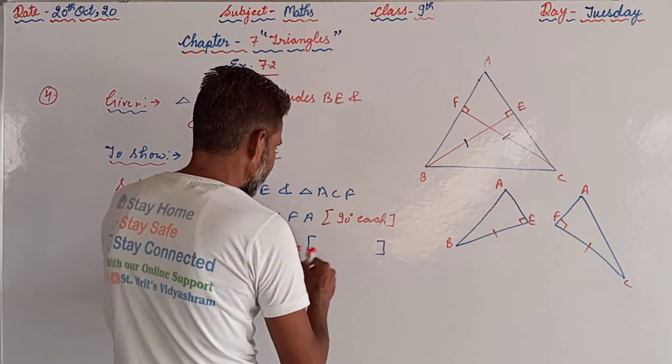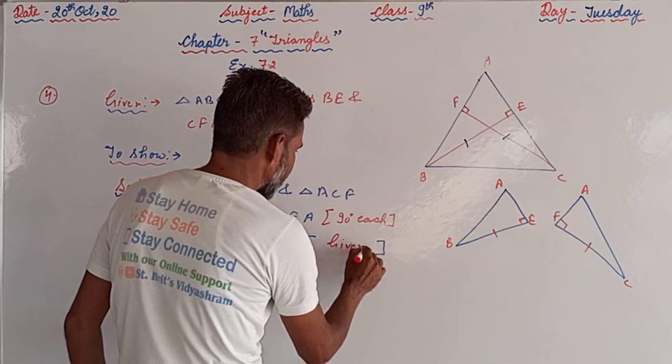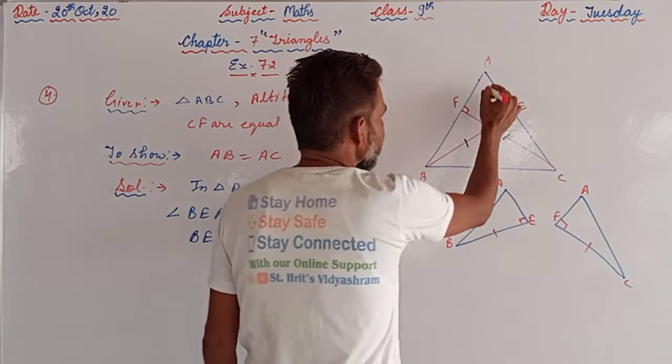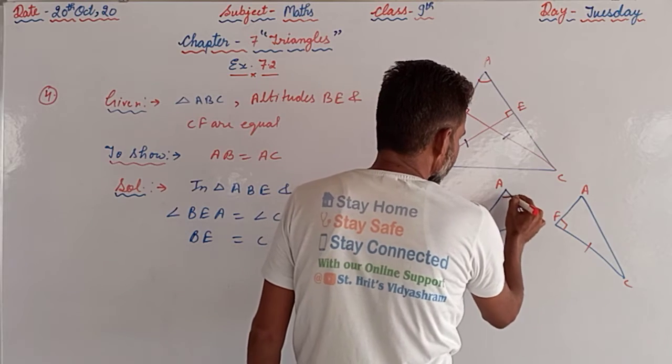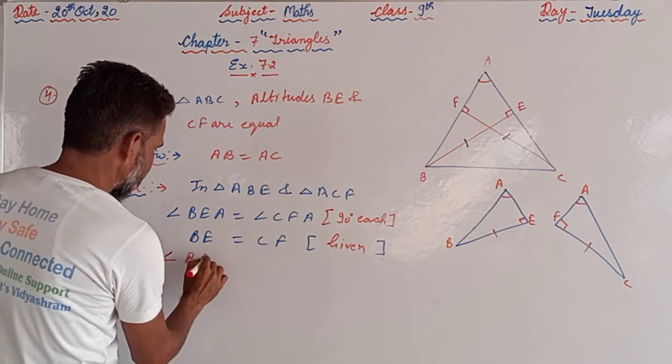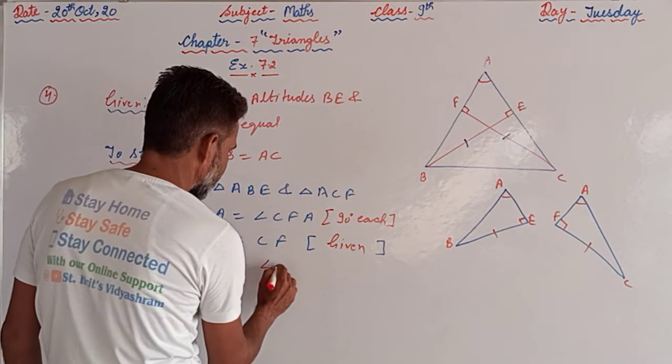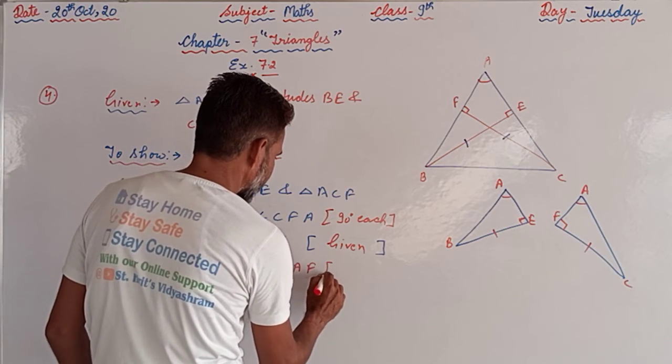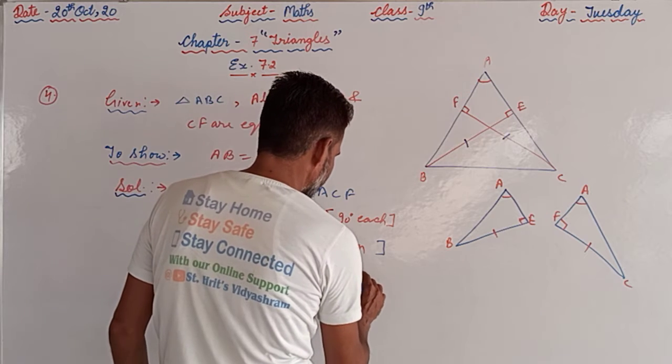And again, as we have done in the previous question, angle A is common in both. So, angle BAE is equal to angle CAF, that is common.